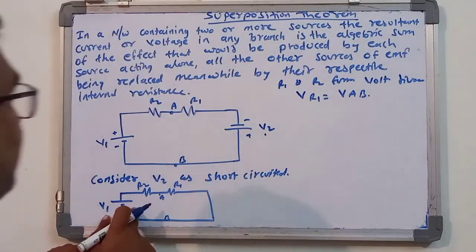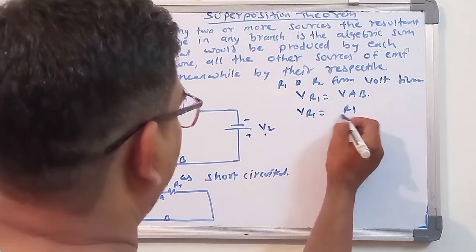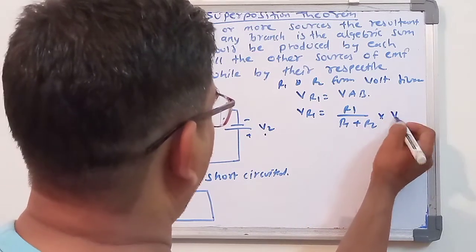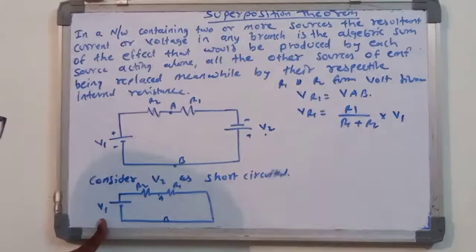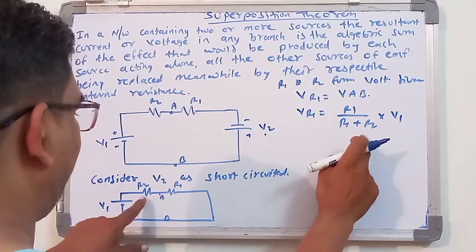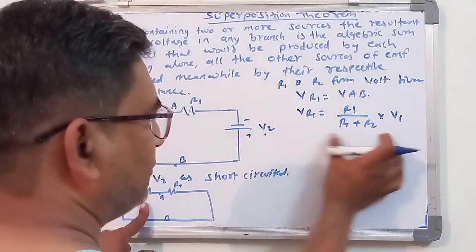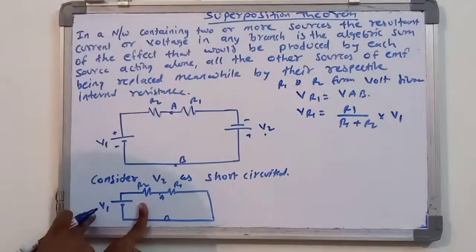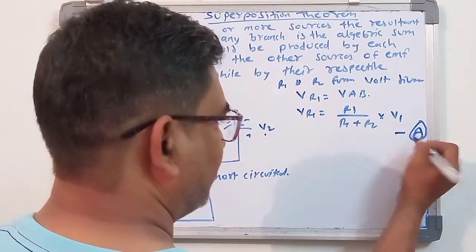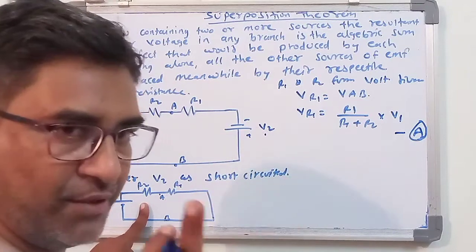Now, VR1 is equal to R1 divided by R1 plus R2 multiplied by V1, as it is a voltage divider. Since only this voltage is present here, you will get this first equation. Okay, we have considered the first value.